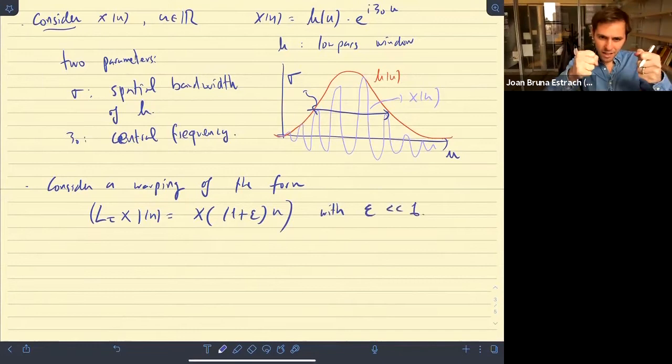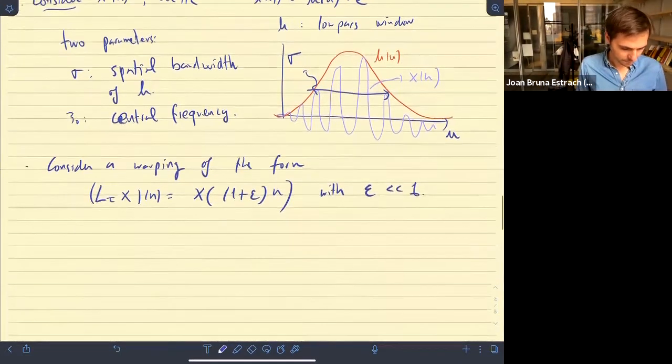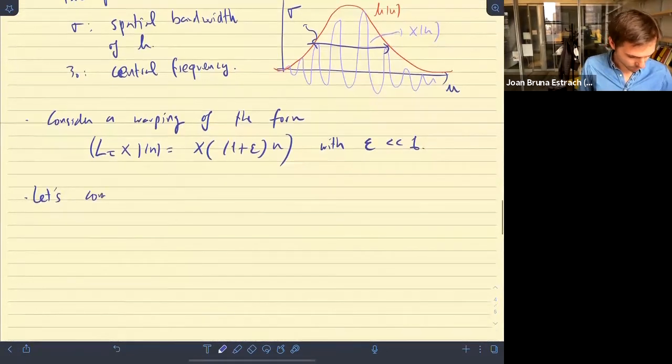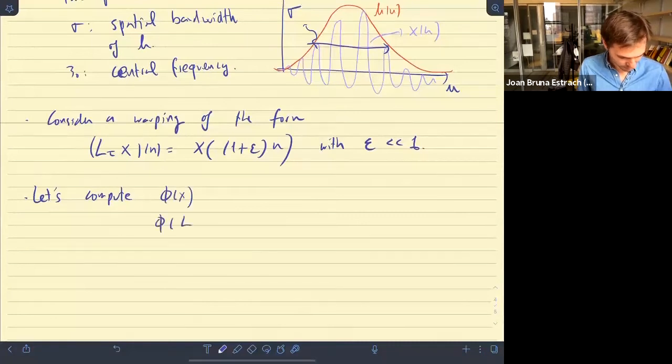So it's basically doing a very slight dilation of the domain. Okay, so now let's compute. So now let's relate, or let's compute, phi of x and phi of delta of x.